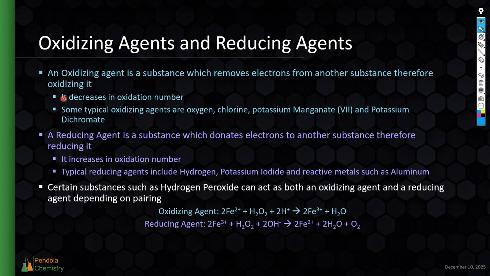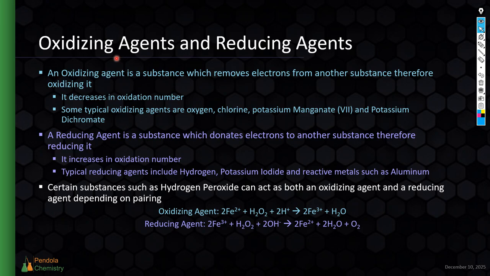This is a very important idea and an easy way to remember it. The term agent means that whatever we are speaking of is undergoing the opposite process. So an oxidizing agent is something that is getting reduced itself, but it's oxidizing something else. That's because the process of oxidation is the removal of electrons, while the process of reduction is the gain of electrons.